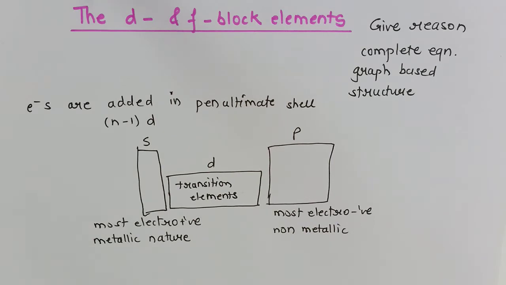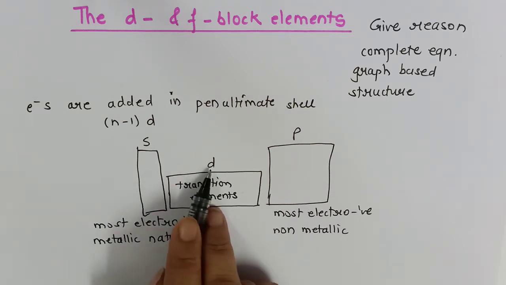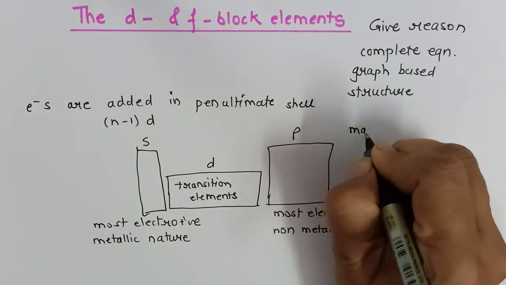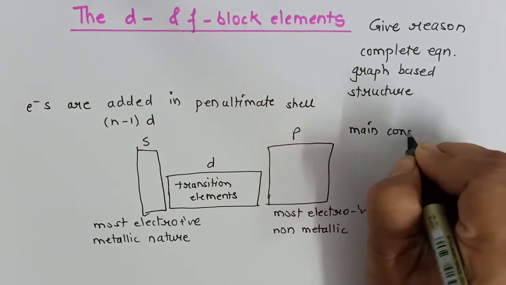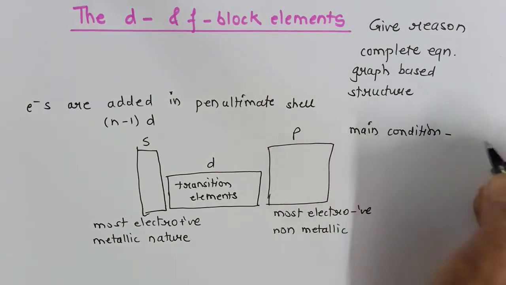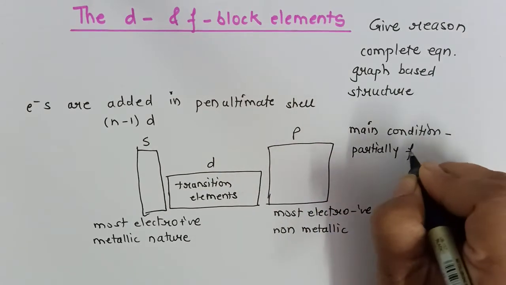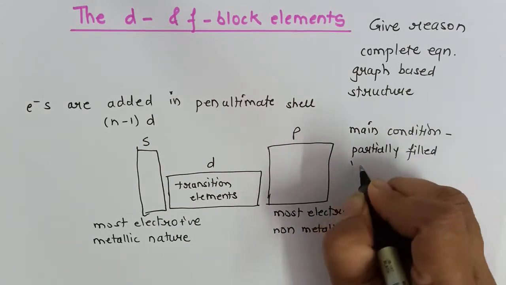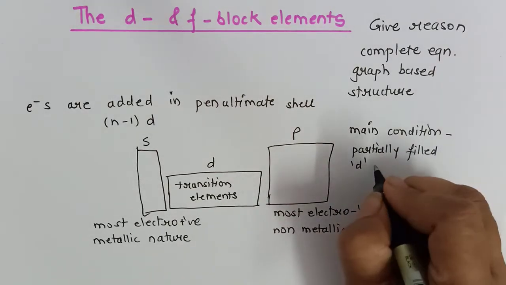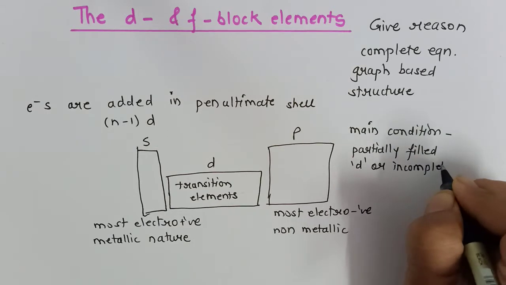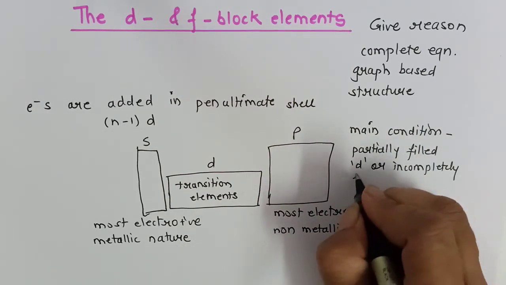Clear to you? Now what is the main condition for D block element? For any element to be placed in D block, the main condition is that they should have partially filled D orbital, or I will say incompletely filled D orbital.